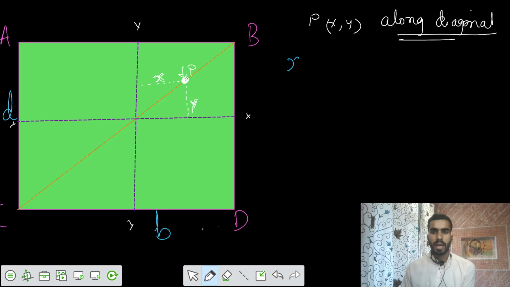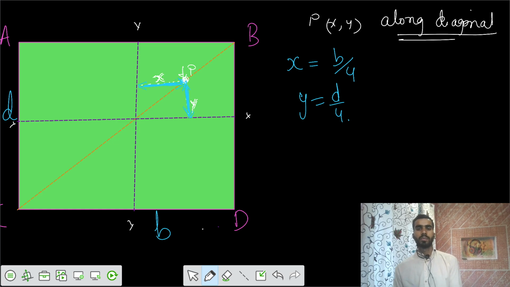Let's take the value of x equals b by 4, and y equals d by 4. So your point is at d by 4 from the x-axis, and at a distance of x equals b by 4 from the y-axis.